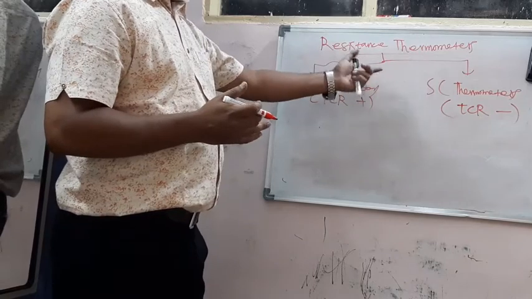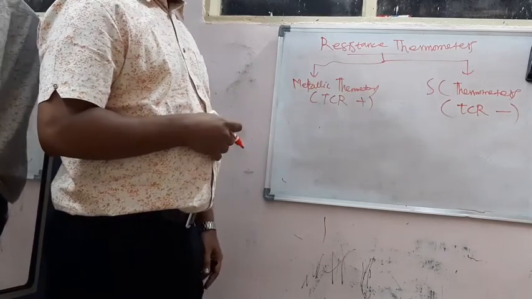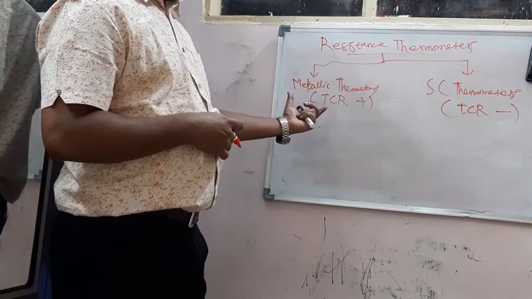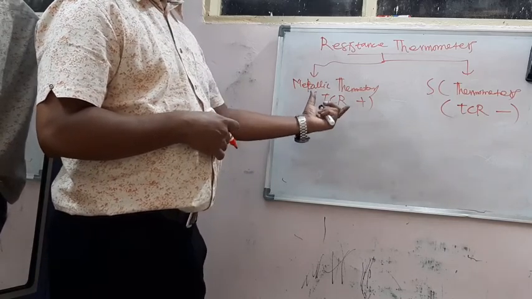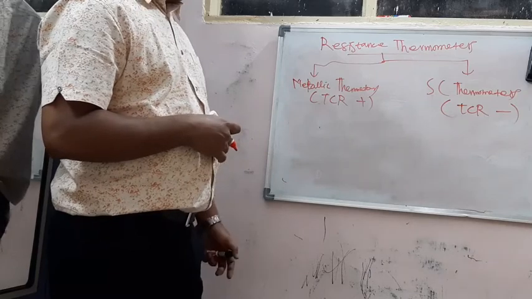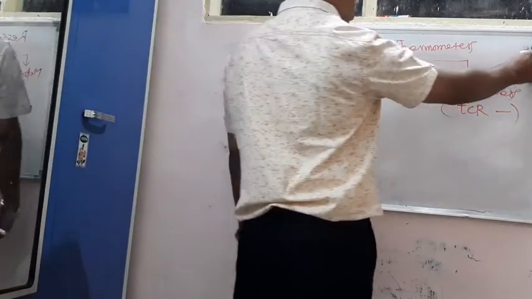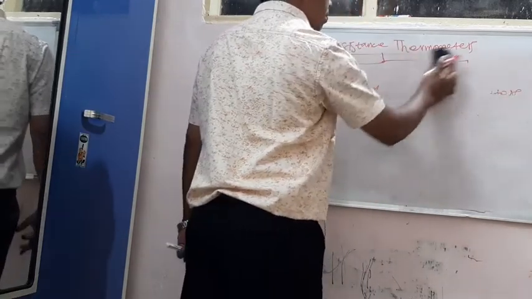These thermometers are basically used, and they have many advantages as well as demerits comparatively. So I will tell you one by one. First, let us start with metallic thermometers.